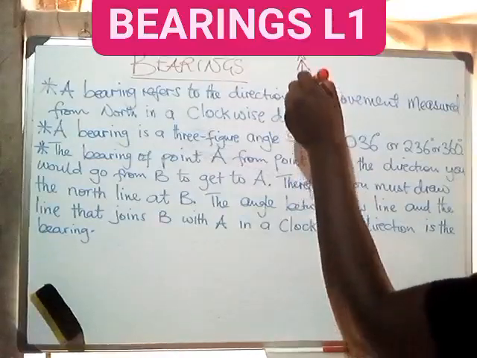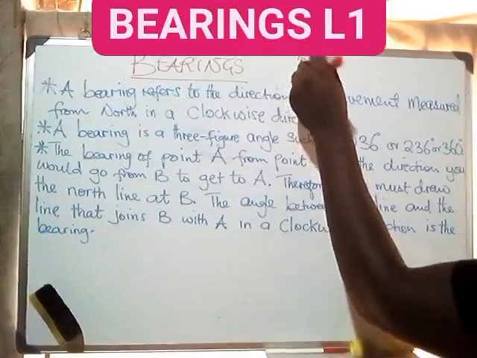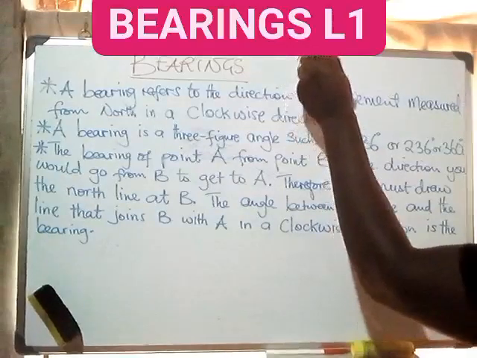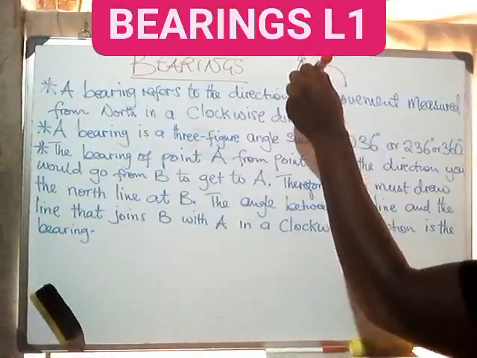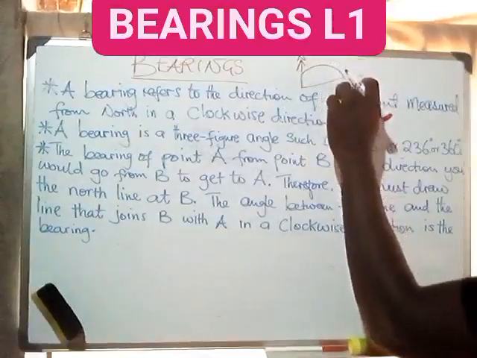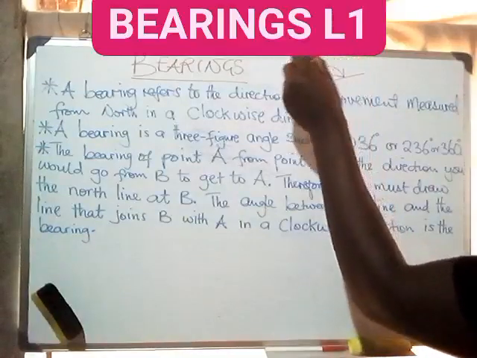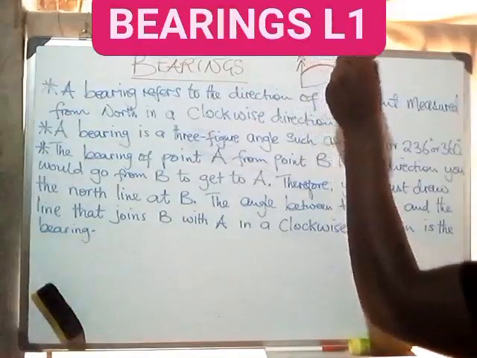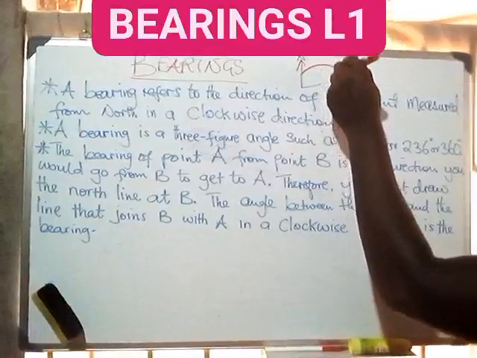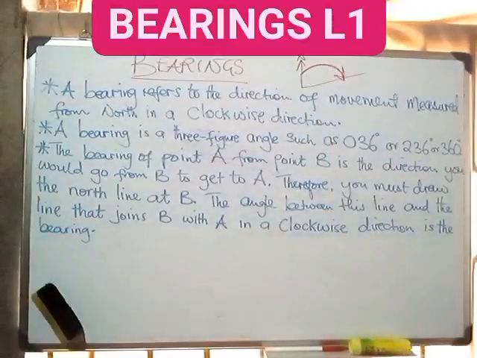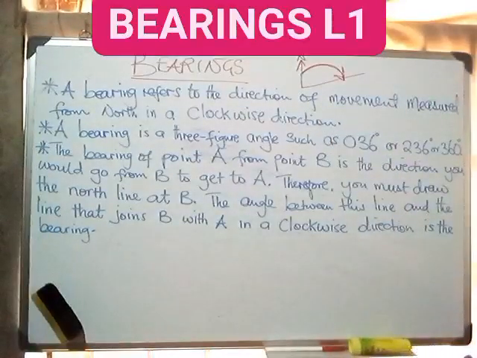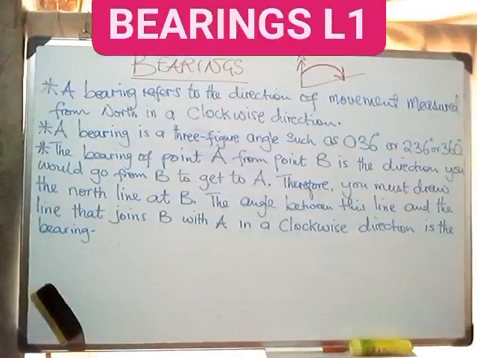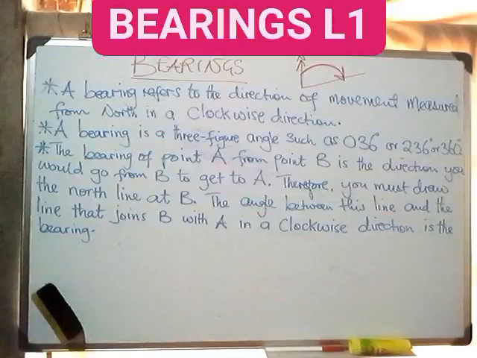Then we are moving in a clockwise direction. We move like this. This is the clockwise direction we are talking about. So a bearing refers to the direction of movement measured from north in a clockwise direction.